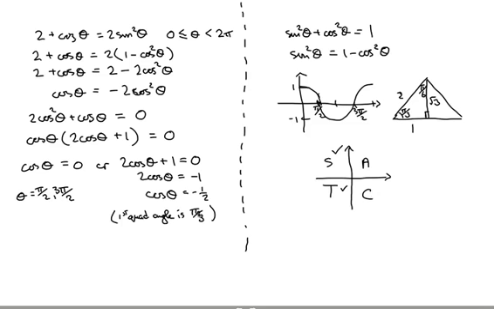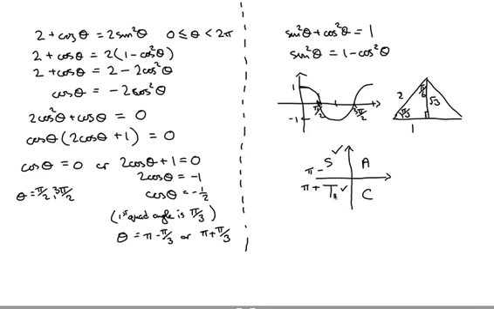So dealing with an angle of pi upon 3, to get the angle in the second quadrant, we rotate all the way around to pi and then subtract. So theta here would be pi minus pi upon 3, or into the third quadrant all the way around to pi and add. So pi plus pi upon 3.